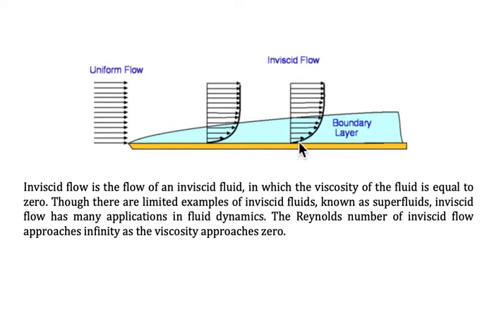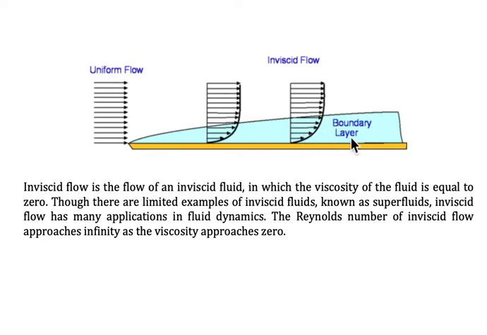At this point the phenomenon is the same. The molecules of uniform flow here will have no slip condition. The velocity is zero here and we have a velocity gradient occurring like this.